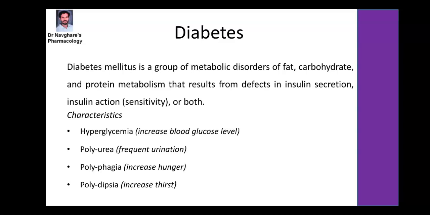Diabetes is characterized by hyperglycemia, that is increase in plasma glucose, polyuria, that is frequent urination, polyphagia, increase in hunger, and polydipsia, that is increase in thirst. So these are the characteristic features for identification of diabetes.